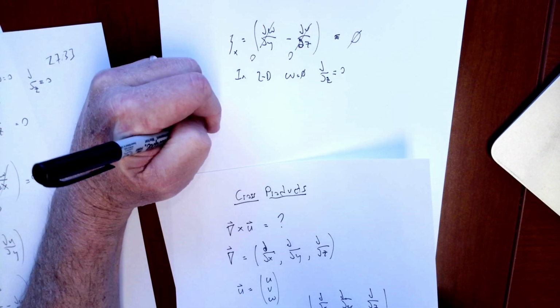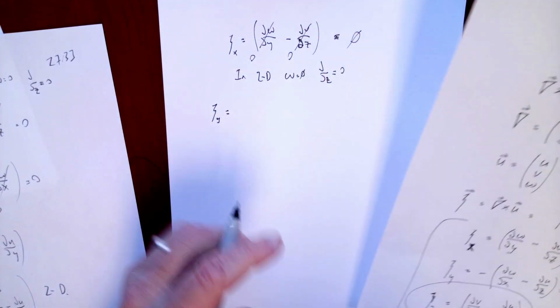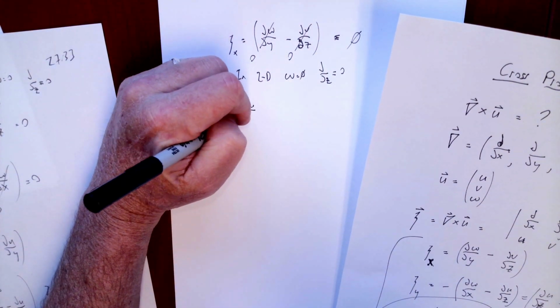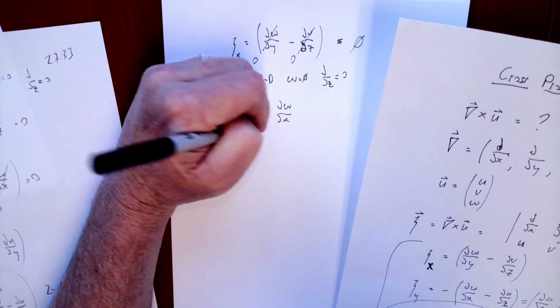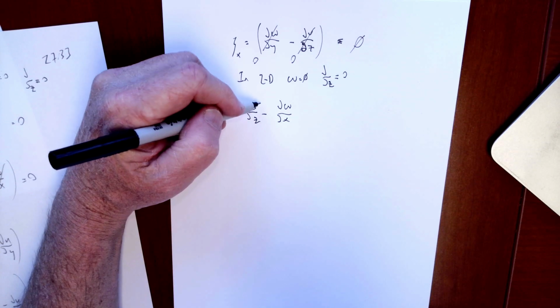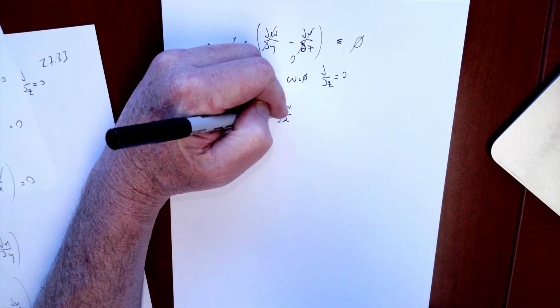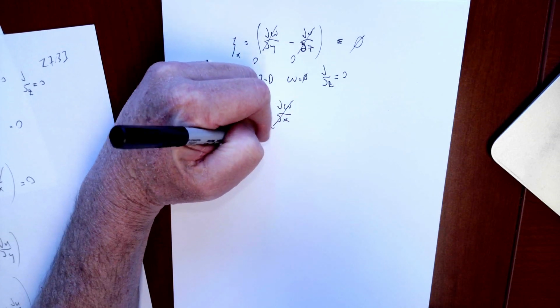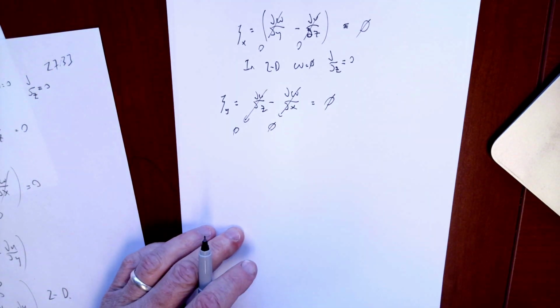If we look at the y component of the vorticity, we see it was du dz minus dw dx. Well, d by dz is 0 again because it's two dimensions and nothing is happening in the z direction. And for dw dx, w is 0 again, so we get 0 for that. So we also get 0 for the y component of vorticity.